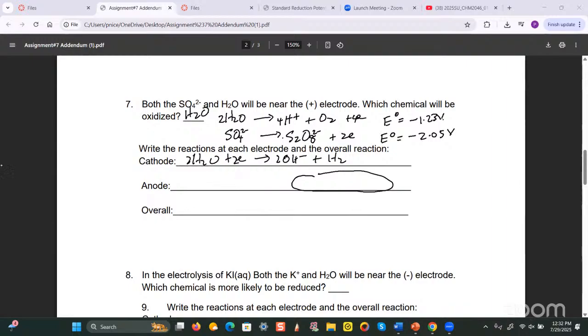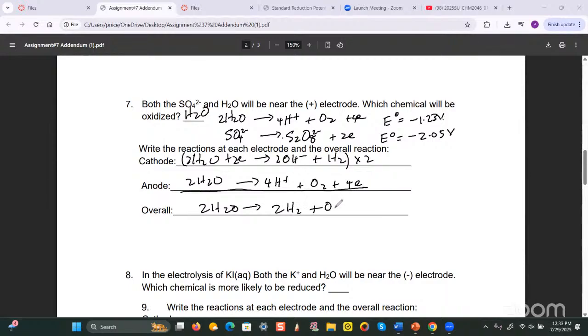And at the anode, it's going to be 2H2O to give 4H plus, O2 plus 4 electrons. And again, the answer will be the same as what we saw earlier. Multiply that by 2, and we add these together, and you're going to get the final answer being 2H2O to form 2H2 plus O2. And that would be how that is done.